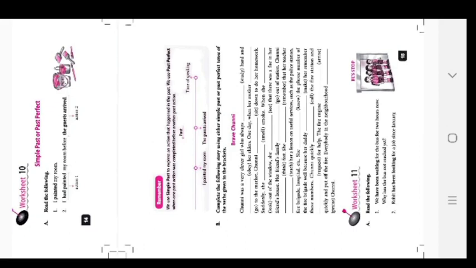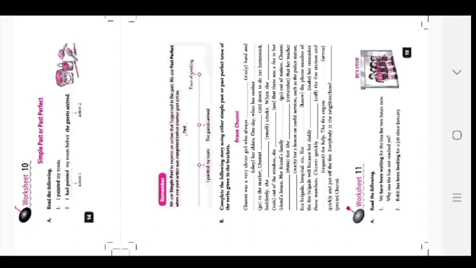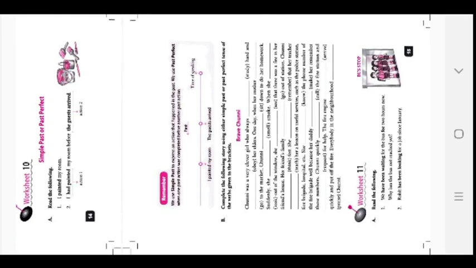Simple, which tells about the habitual thing, daily activities, routines, and universal truths, scientific facts. Second is continuous. Continuous tells about the ongoing action. The action is going on, in progress. And third is perfect tense.